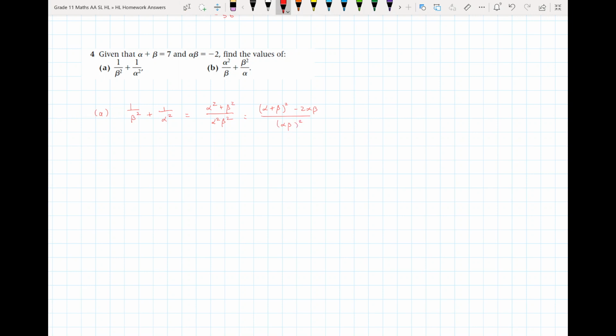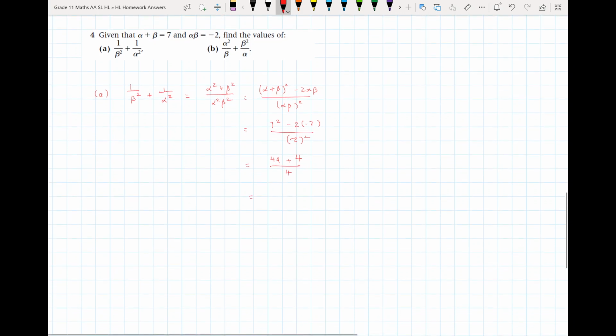And then I can substitute. I can't even read my own writing. This should be a minus 2, so it should be a 4. And another 4. So that's 53 over 4.